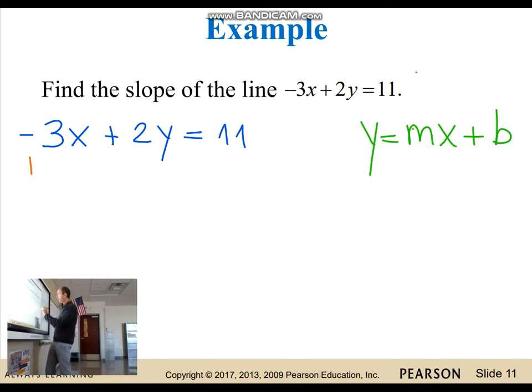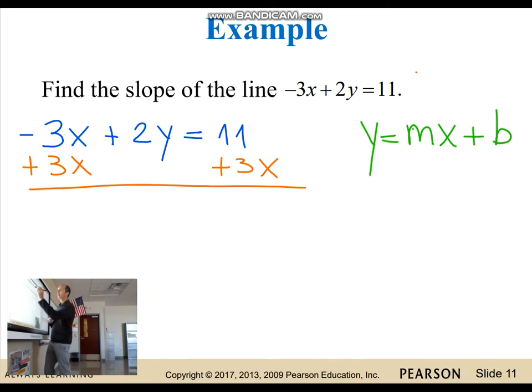The first thing we can do is add 3x on both sides, and as a result this is going to be simplified, and we have 2y equals 3x plus 11.